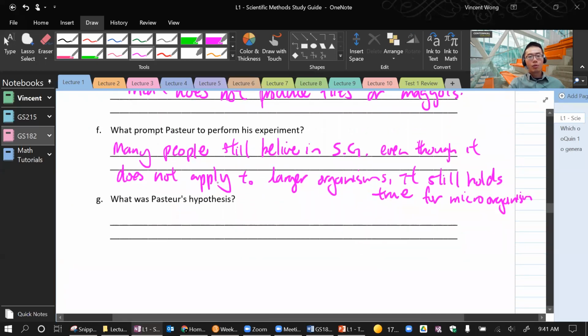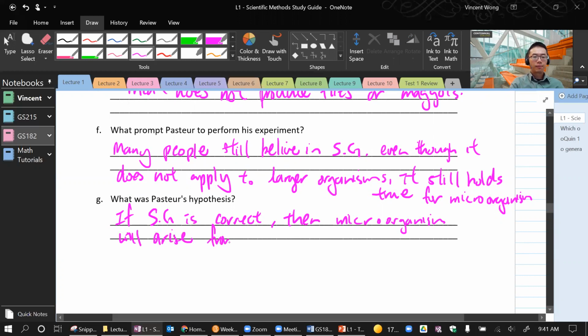He says that if spontaneous generation is correct, then microorganisms will arise from sterile broth. Broth is like some soup, chicken soup, beef soup, whatever.